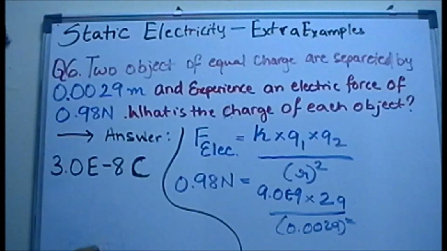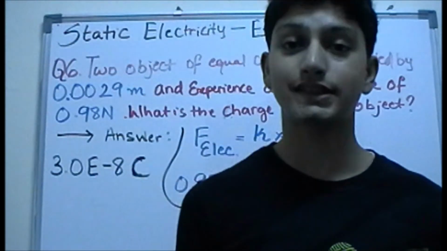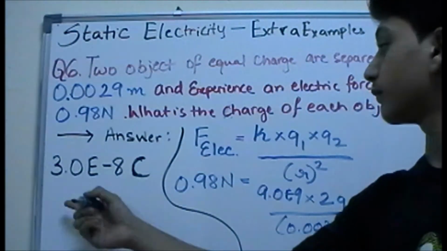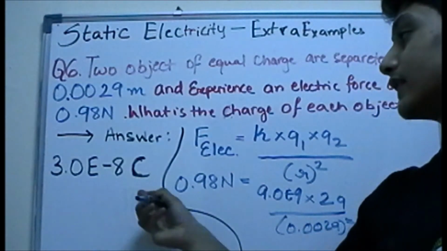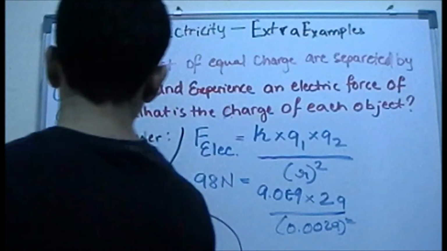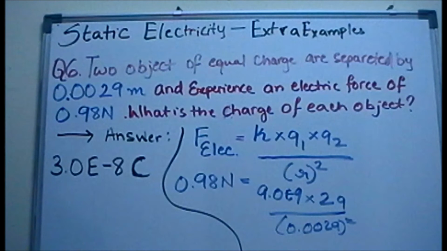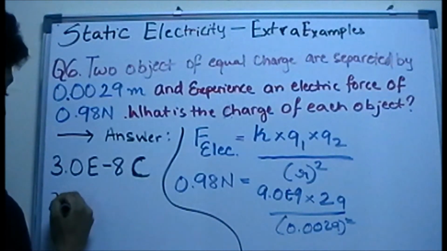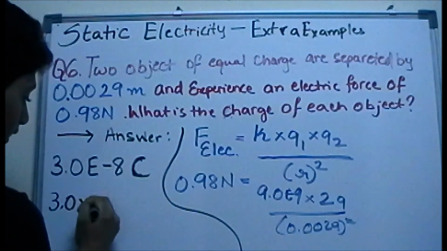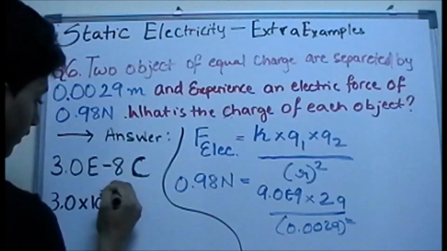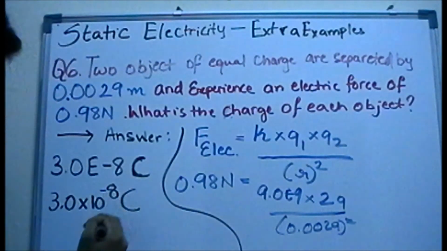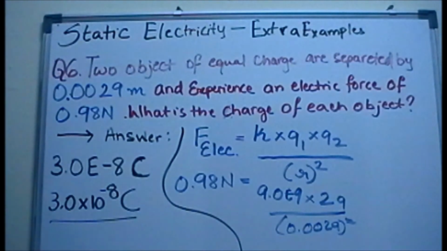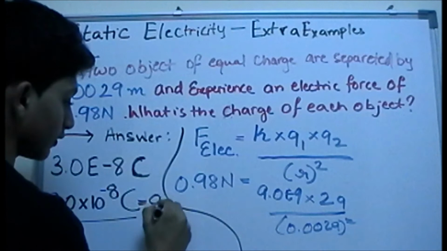If you don't know, please check out my static electricity video. So the answer would be this one. If you don't understand the concept of E, it's saying 3.0 times 10 raised to negative 8 C. That is the charge of each object.